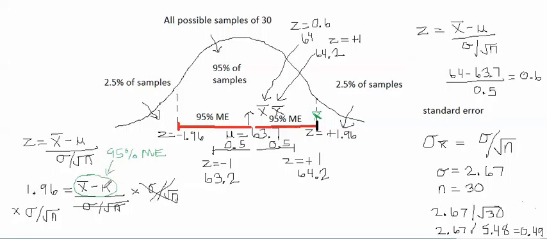green circle. So it turns out that the 95% margin of error equals the boundary z-score of 1.96 times our standard error. That's our formula for our 95% margin of error. The formula is 1.96, the boundary z-score, times the standard error.